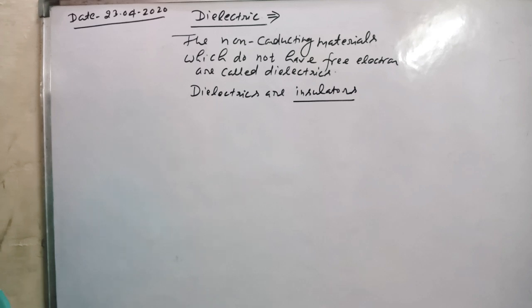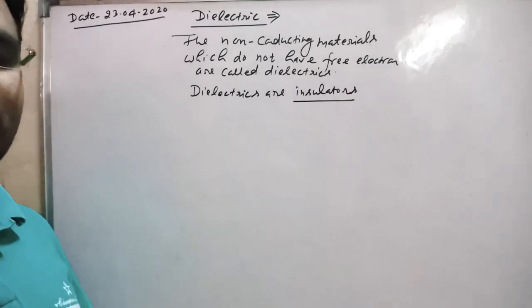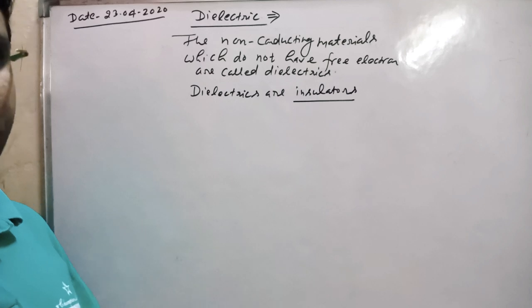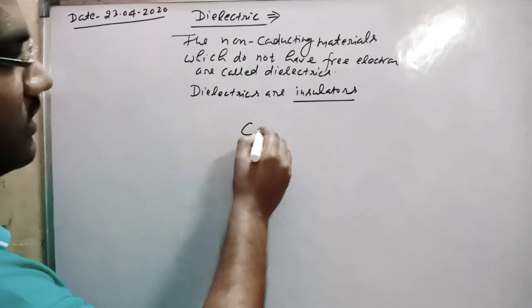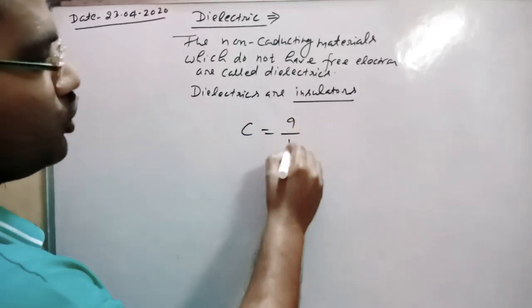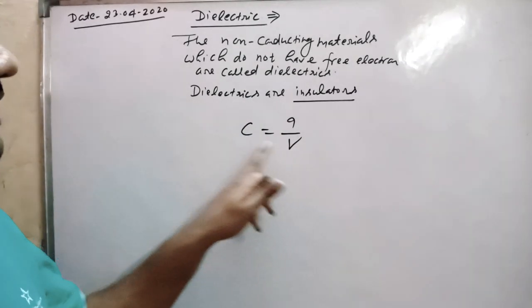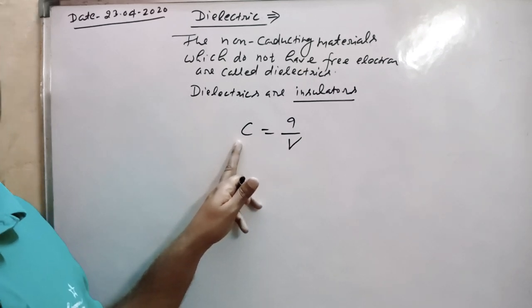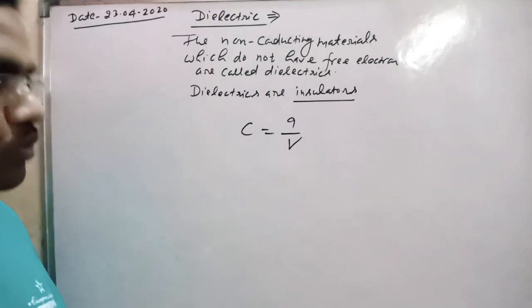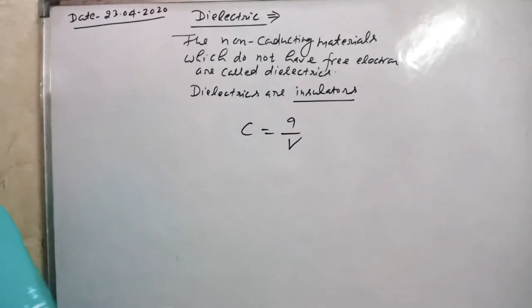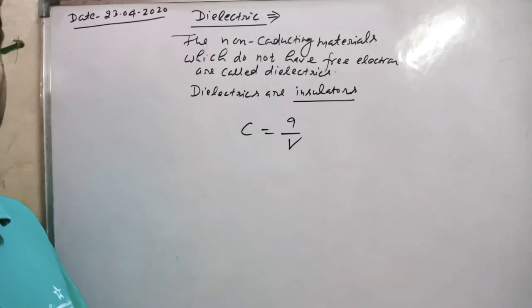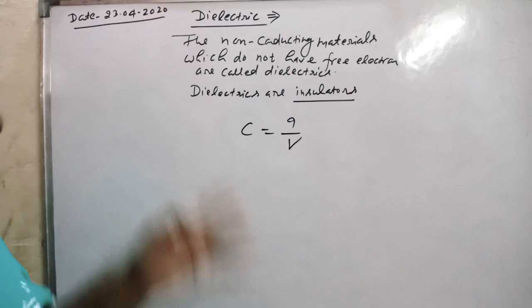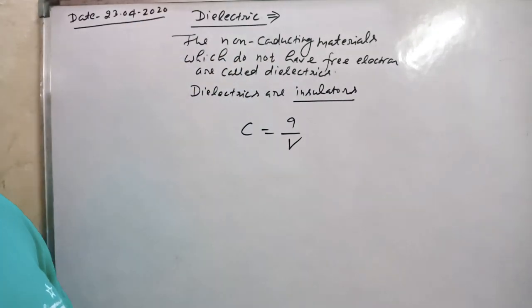If the electric field intensity decreases, then the electrostatic potential also decreases. If the potential decreases, then by the expression C equals Q by V, if V decreases, then the capacitance of the conductor or capacitor increases. That means to increase the capacity of any capacitor or condenser, here we study the concept of dielectric.